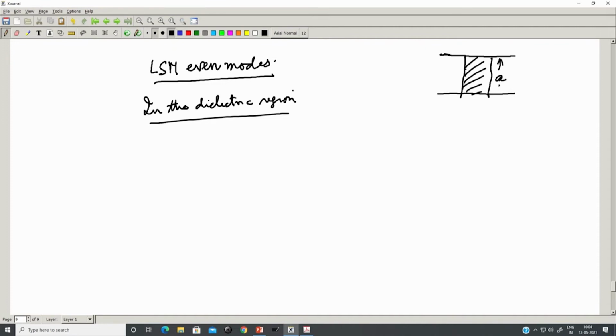So, this is my A, this is my B, this is my Y, this is my X, and this dielectric constant is epsilon r, and A is less than lambda 0 by 2.